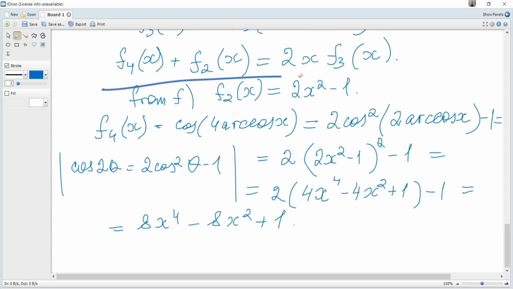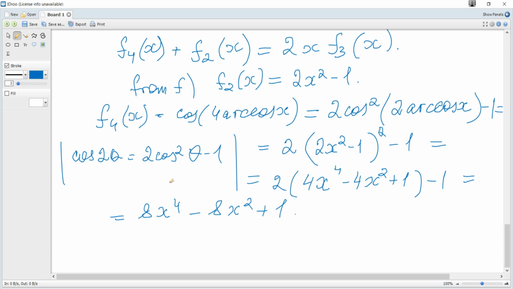And now let's substitute our results into this identity. So f4(x) is 8x to the power of 4 minus 8x squared plus 1, plus f2, which is 2x squared minus 1, is 2x f3(x).